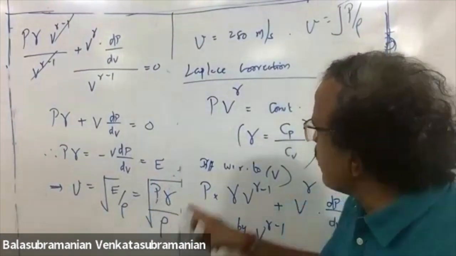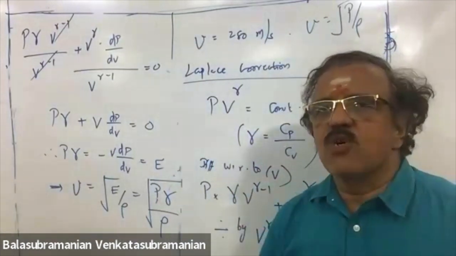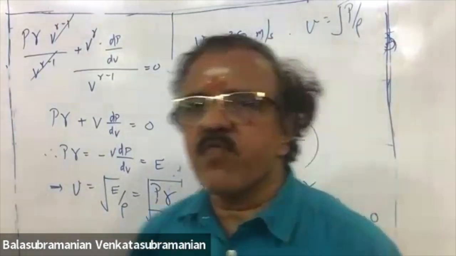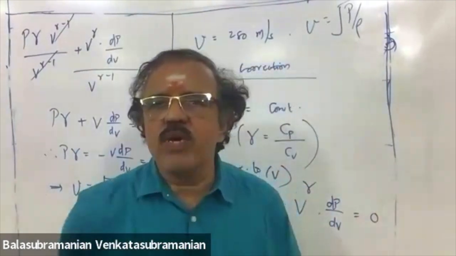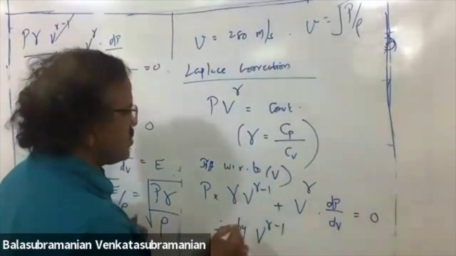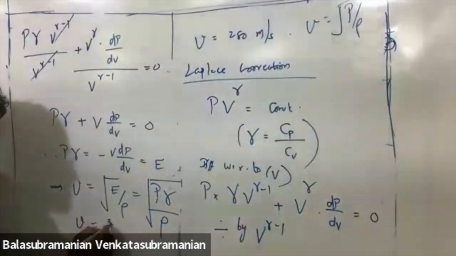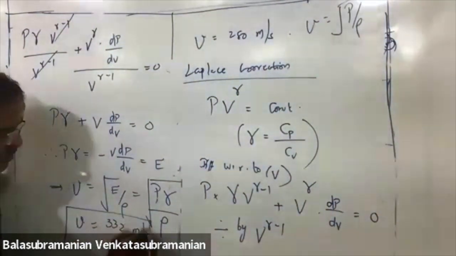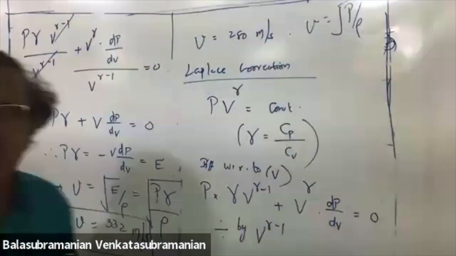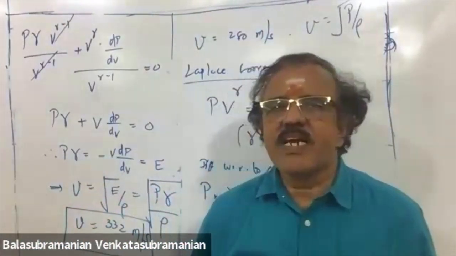Root of P by rho is 280. Root of gamma, you substitute root of 1.42. Calculate, find out, multiply with 280. You are getting the answer V is equal to nearly 332 meters per second. The exact coincidence with the experimental result. 332 meters per second.